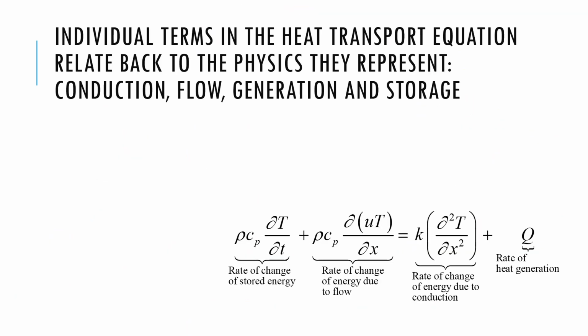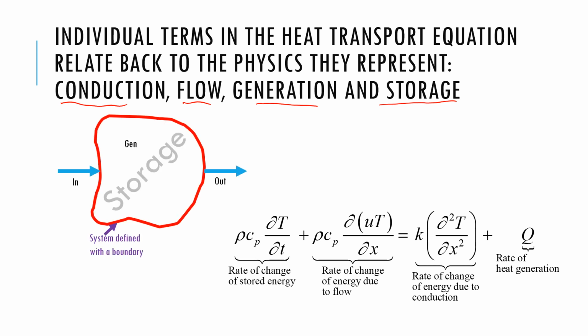So this heat equation that we derived with all the partial derivatives and so many terms can look daunting. But it would be much easier to handle this if we relate every time the terms to the physics that they represent, the physics of conduction, flow, generation, and storage. Each term represents them individually. So let's look at that.